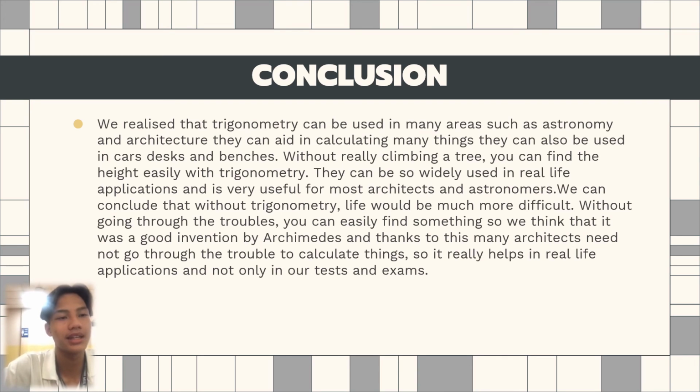They can aid in calculating many things. They can also be used in car decks and benches. Without really climbing a tree, you can find the height easily with trigonometry. They are so widely used in real-life applications and are very useful for most architects and astronomers.